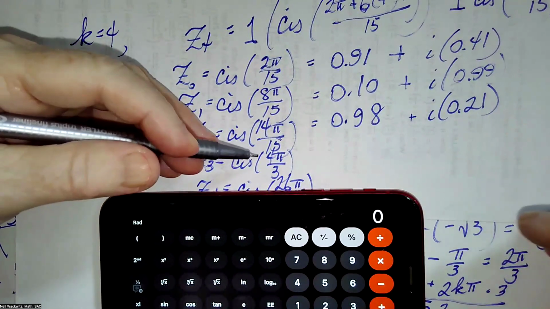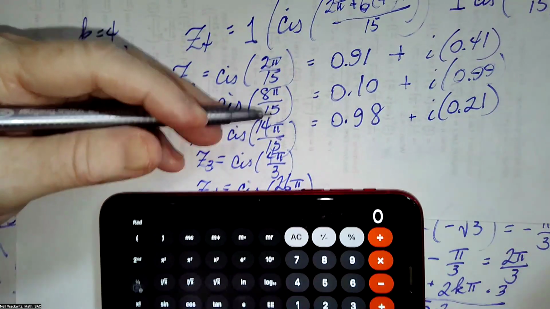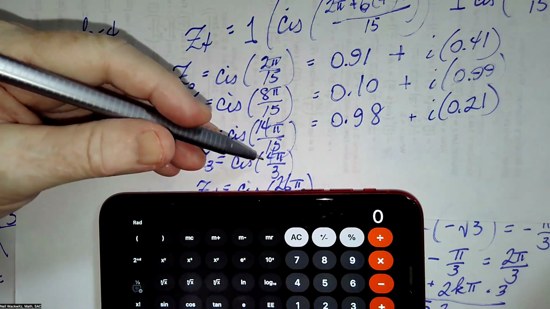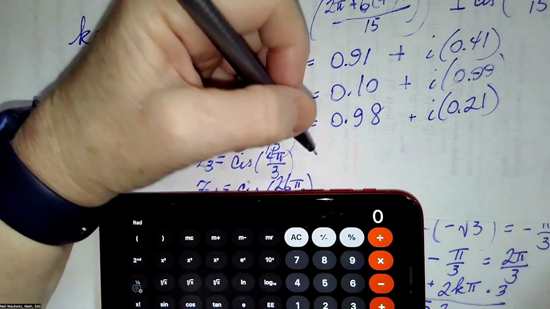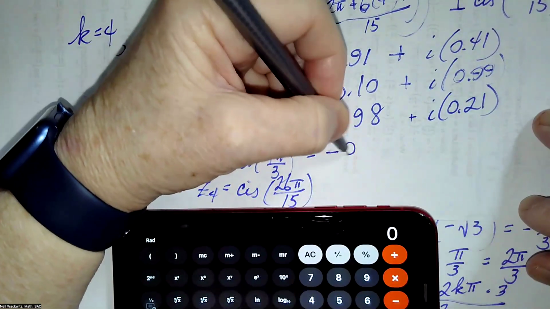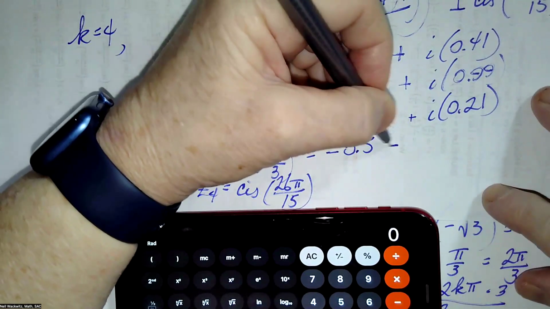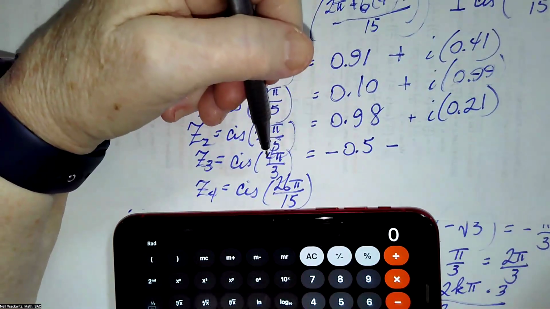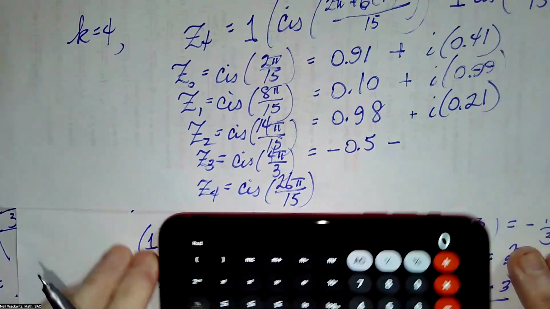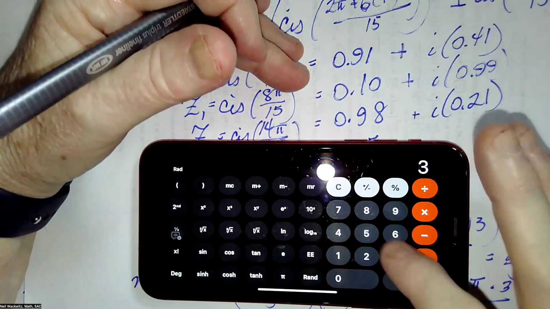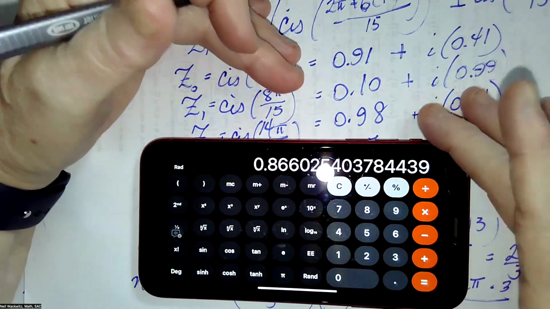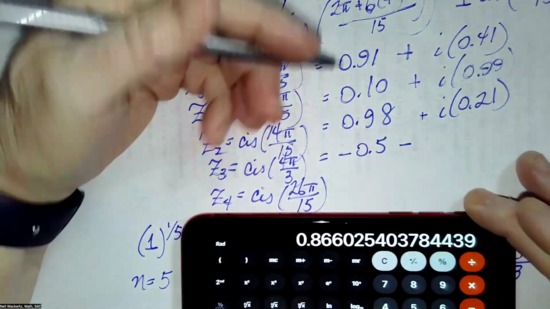The cosine of 4 pi over 3, let's see, 4 pi over 3 is in quadrant 3. So it'll be negative 1/2. So negative 0.5, and sine is square root of 3 over 2. It's negative, but square root of 3 divided by 2 is approximately 0.87.